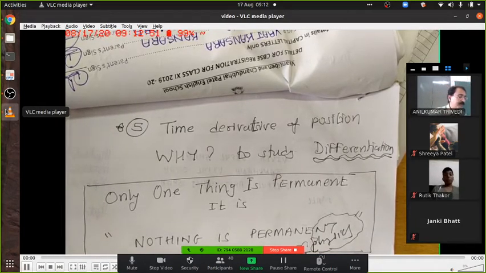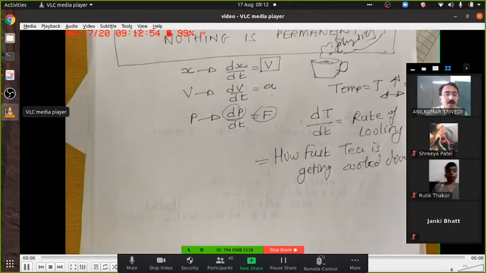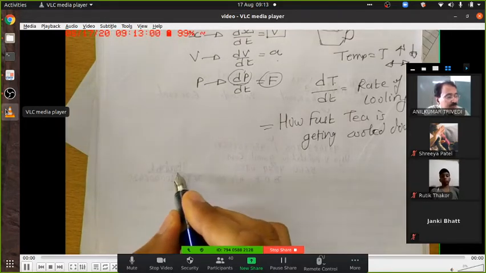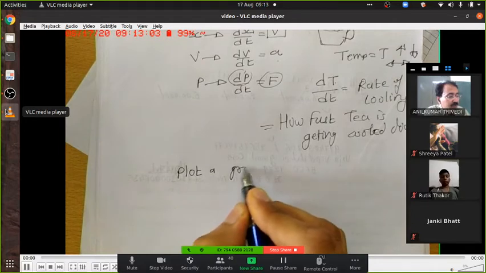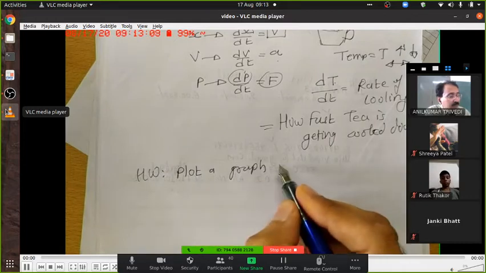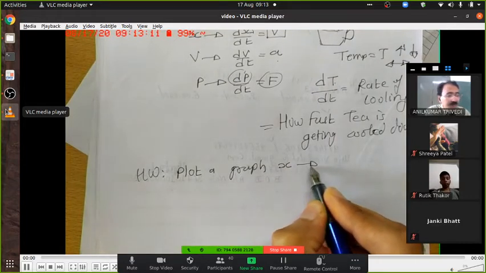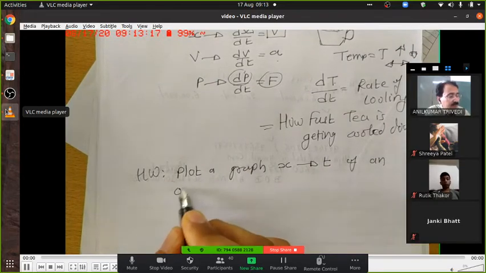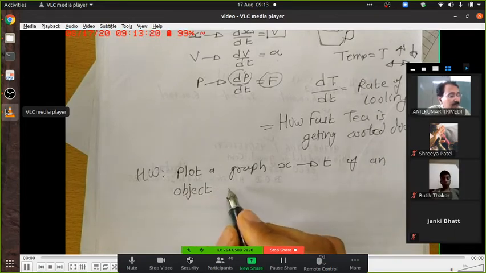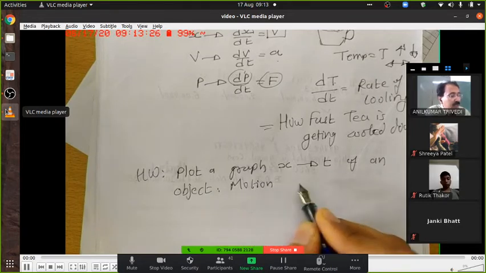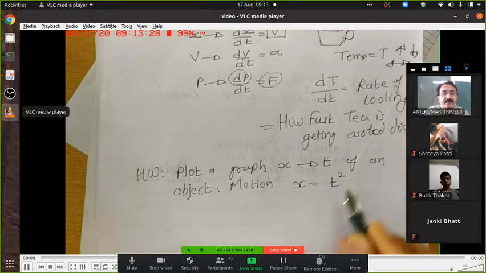Advantage number 2, all of you are supposed to plot a graph. This is a homework question. Graph of position versus t of an object, and the motion is governed by x equal to t square, right?